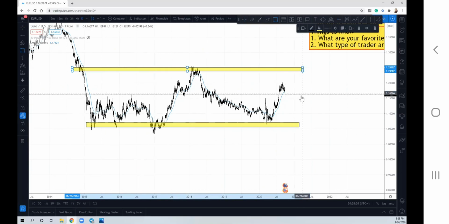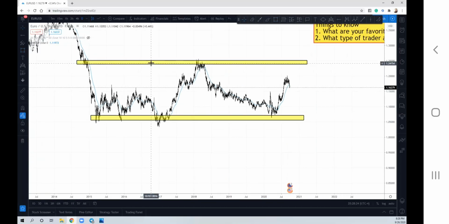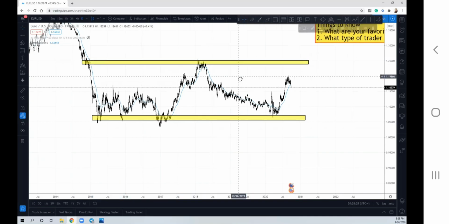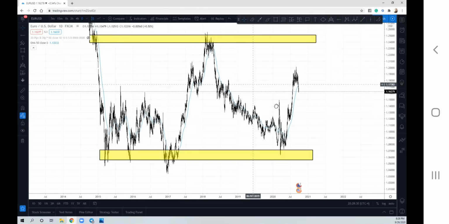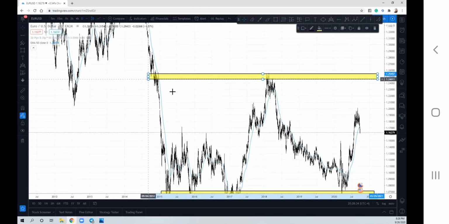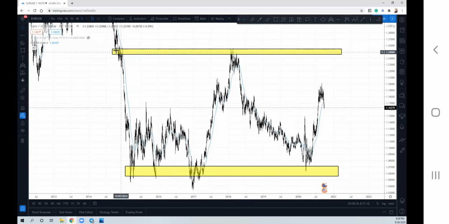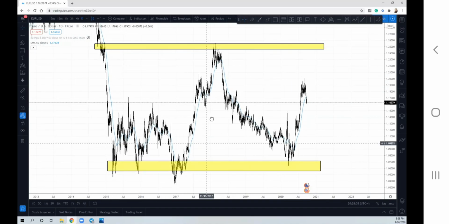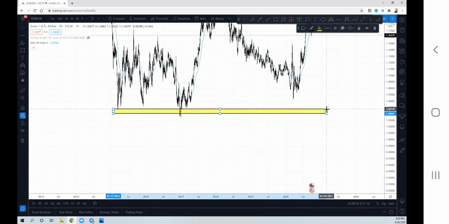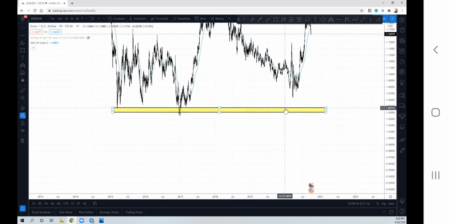You may have been taught to use a horizontal line, which is fine. I like to use the boxes because it gives me an area which I can work with when it comes to these candles. And as I go down time frames, I will adjust these to redefine my areas. As I zoom in, I can squish them down, and so on and so forth.